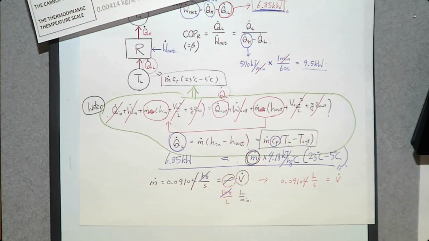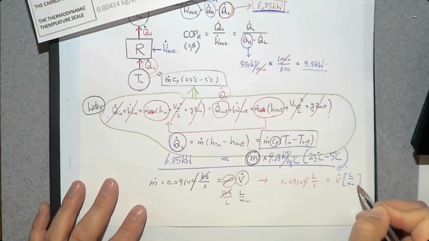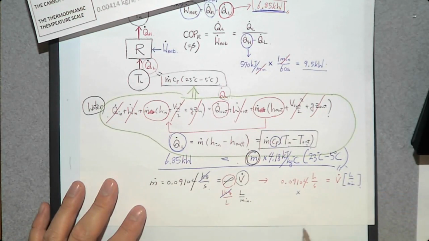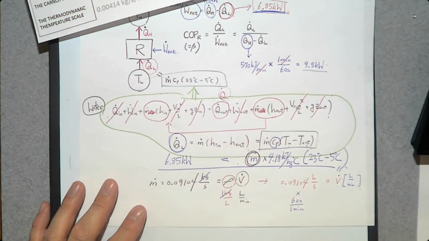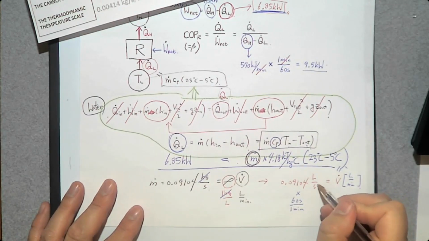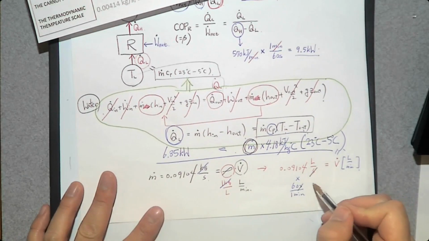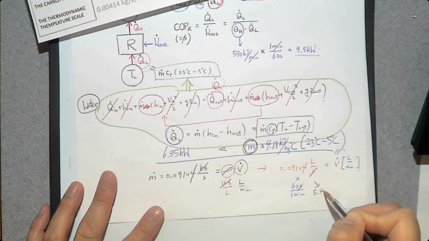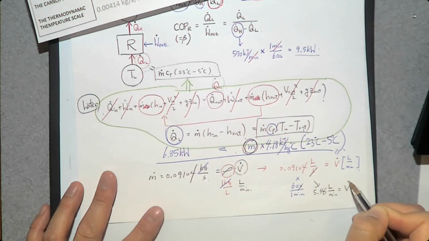And we want this V dot to be liter per minute. So you can multiply this by 60 seconds is 1 minute. Then you can cross out second. Then you get 5.46 liter per minute is the volumetric flow rate.